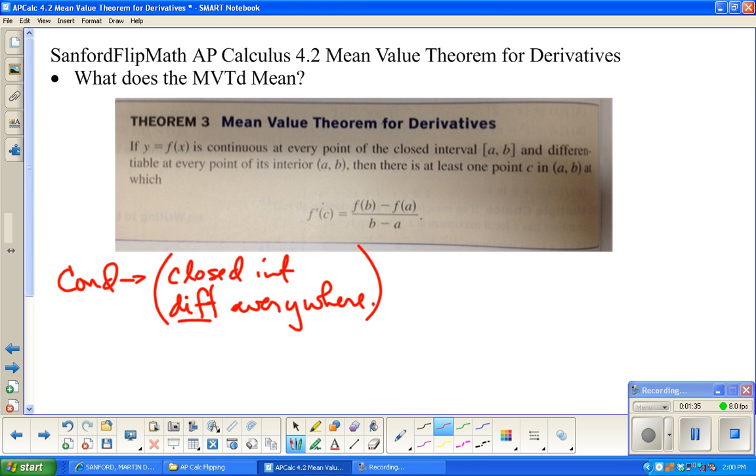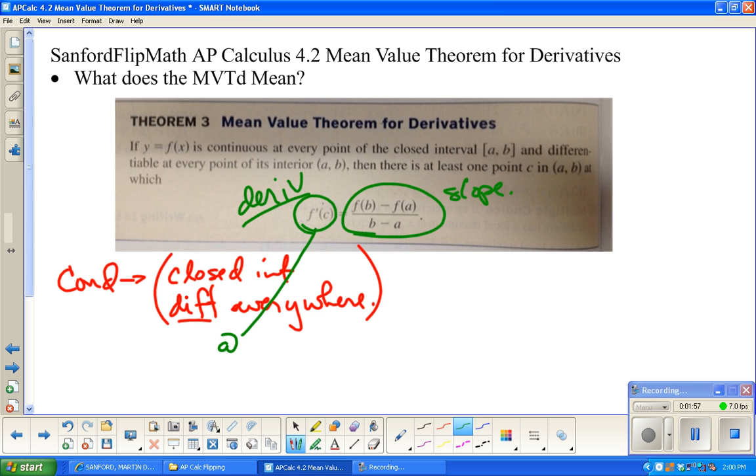Okay, and so if that condition's met, then what this says is there is a point where the derivative is going to be equal to the slope. Again, we talked about this in class, but derivative does mean slope, but this is slope at a point. So there's a spot where the slope of the curve itself will be equal to the slope across the entire interval.